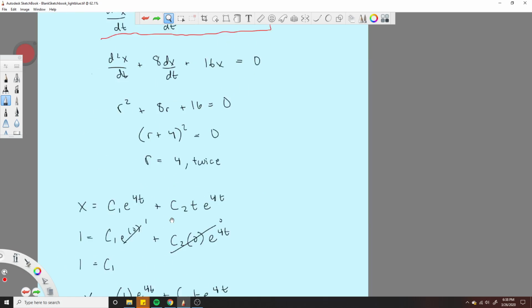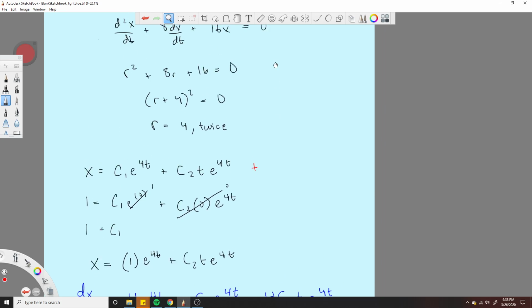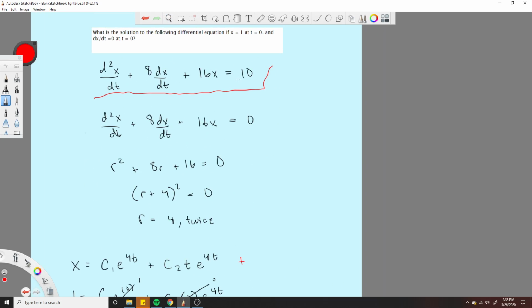And the best place to plug that in would be on the x, because on the x, as soon as you take the derivative, you won't have that constant anymore. So what would equal 10 that's multiplied by 16? That'll give us this value of 10 that we're looking for. So we will do 16 times some constant equals 10.